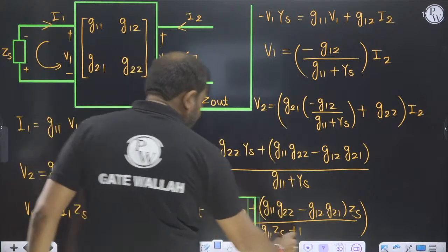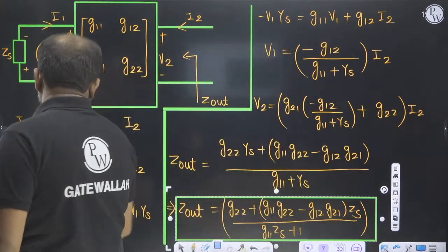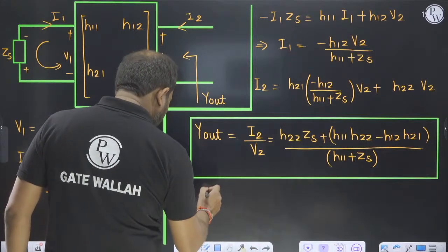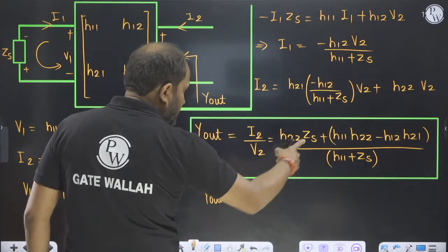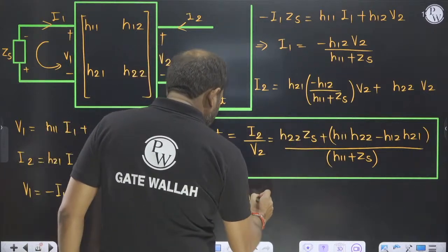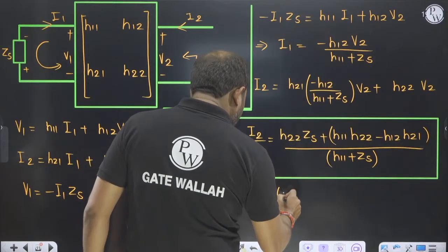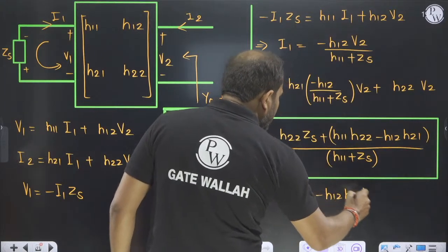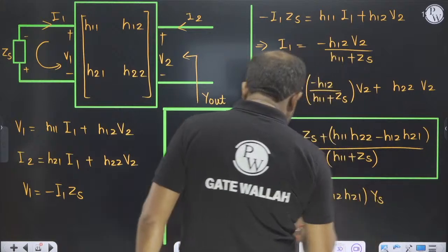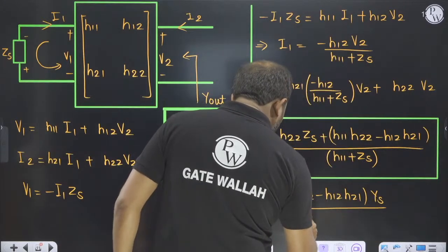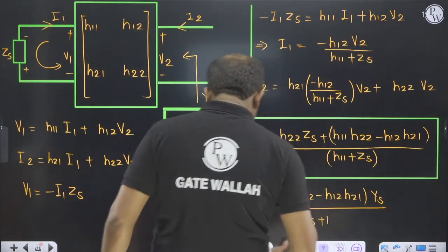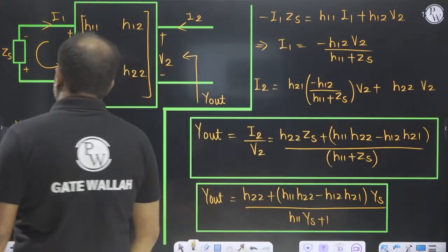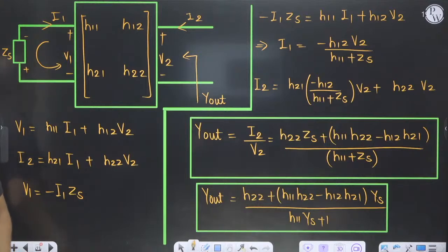In this case Y out will be written like this also. ZS will be written as 1 by YS, so H22 plus H11 H22 minus H12 H21 into YS divided by H11 YS plus 1.